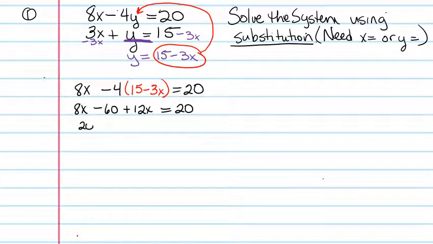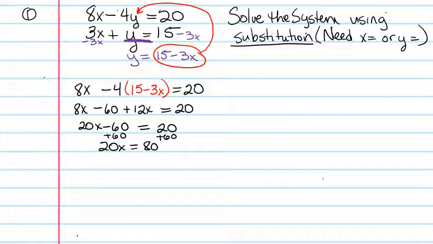That gives me 20x minus 60 equal 20. I'll add 60 to both sides. Gives me 20x is equal to 80. Divide both sides by 20, and x is equal to 4.